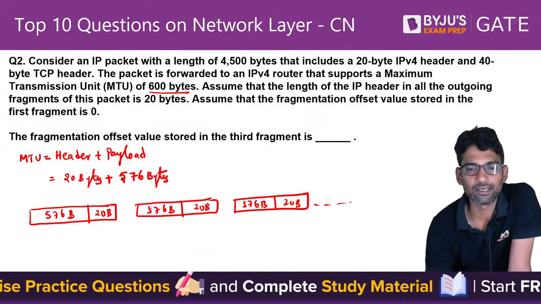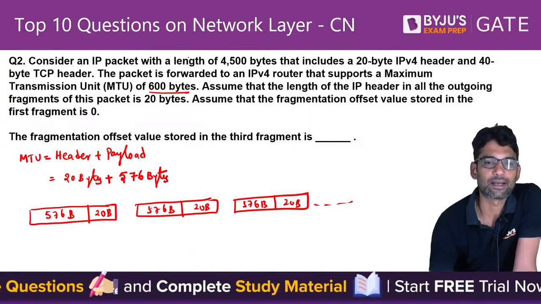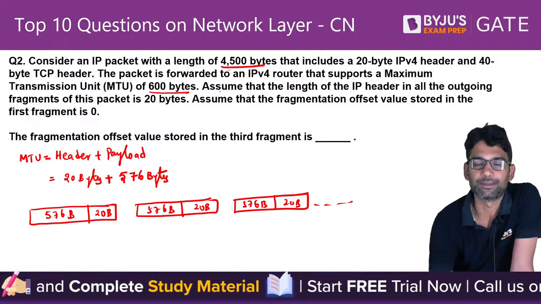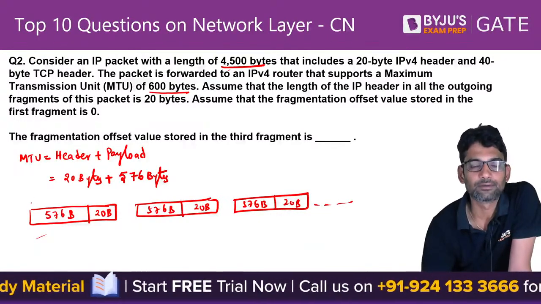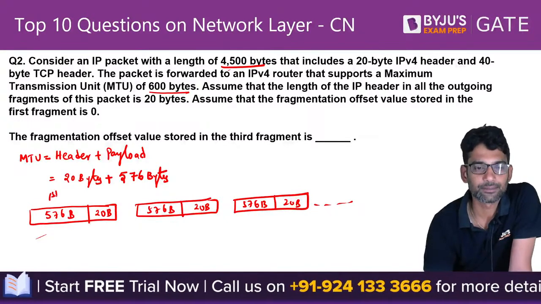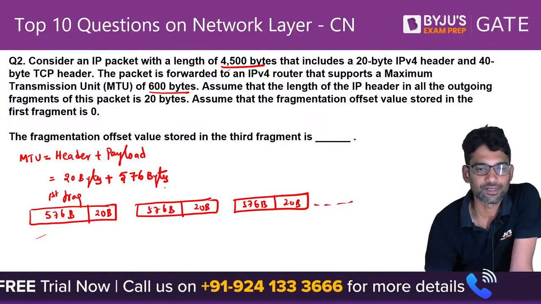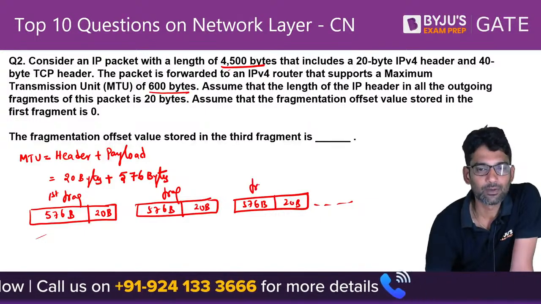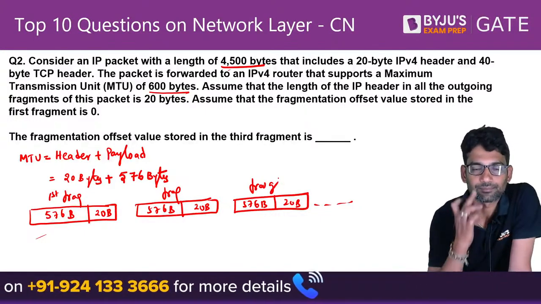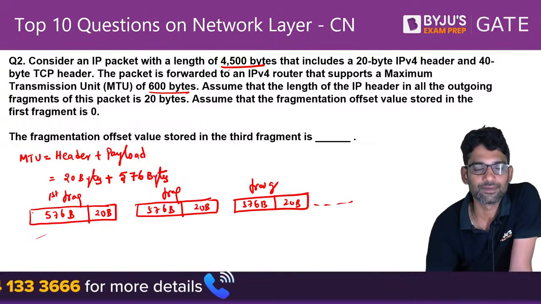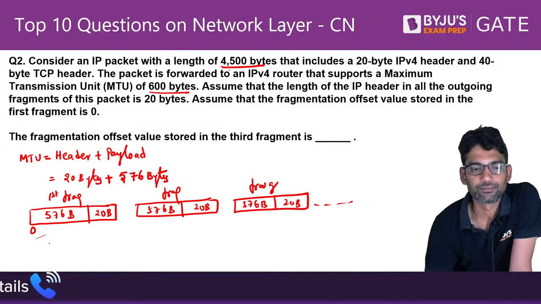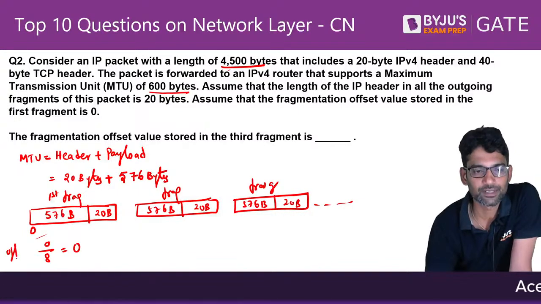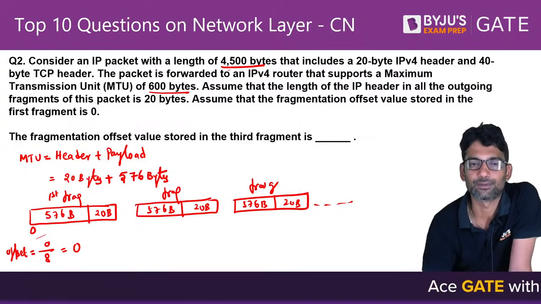Still there will be multiple fragments because the packet size is little big. Now, what would be the first fragment offset? Payload length is divisible by 8, the starting number, which is 0. So, 0 divided by 8, that is 0. So, offset of first fragment would be 0.